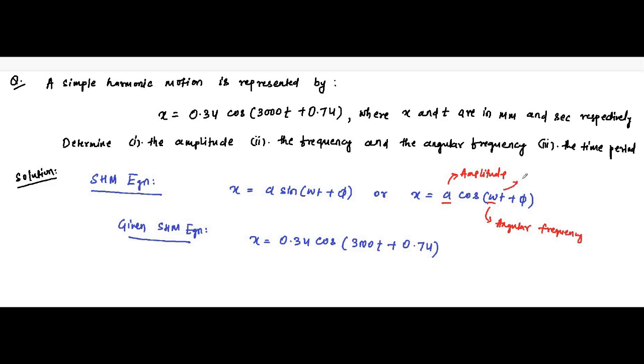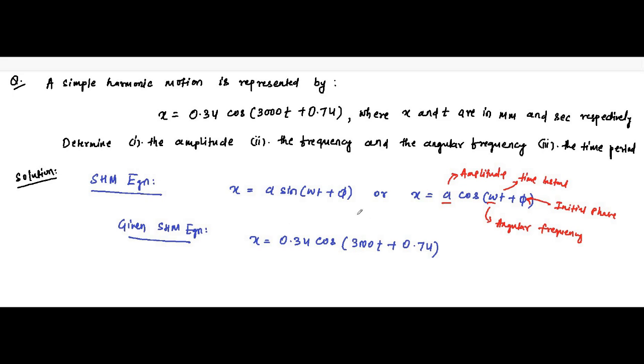This t is the particular time instant, and this phi is the initial phase at time t equals 0, whether it is leading or lagging.